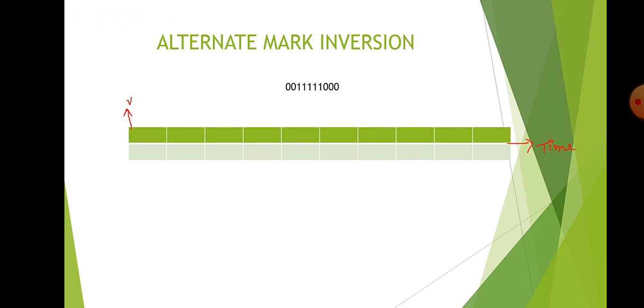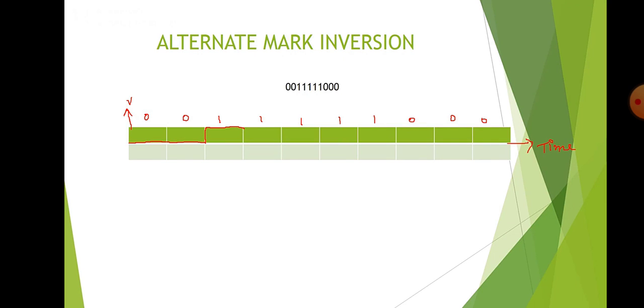We can represent the pattern 0 0 1 1 1 1 1 0 0 0. The 0 voltage can be represented as neutral 0 itself. So that is 0, next is also 0. And bit 1, the first bit I will consider as high.